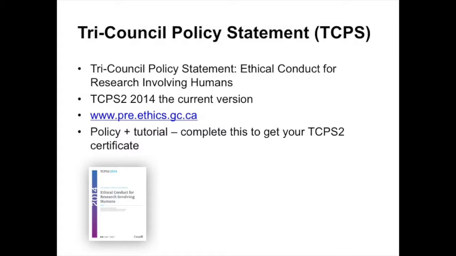You need to complete the tutorial, including the tests at the end, to be able to get your TCPS2 certificate. This is the certificate that you'll need to submit as a researcher with pretty much any research application to a research ethics board that involves human subjects.